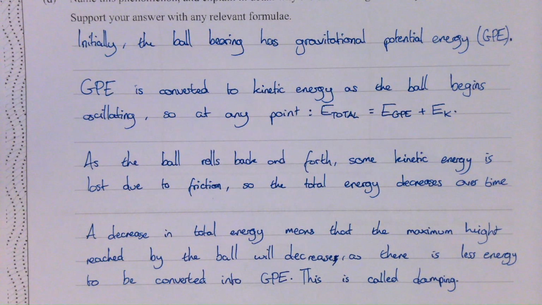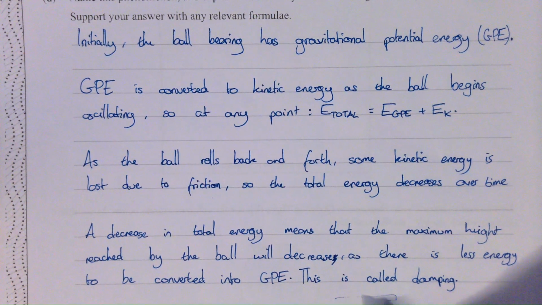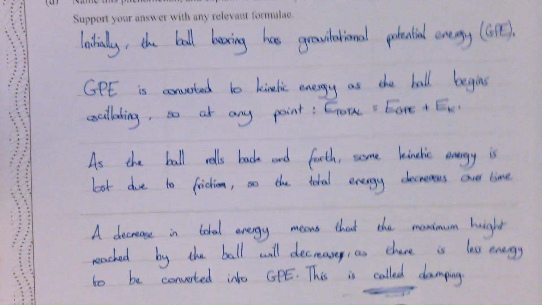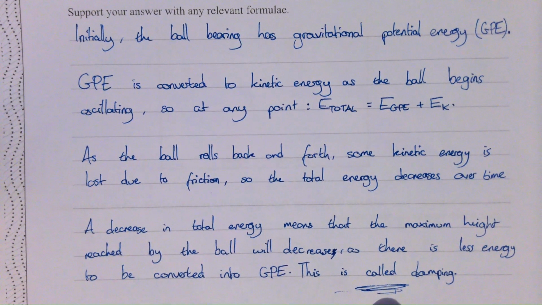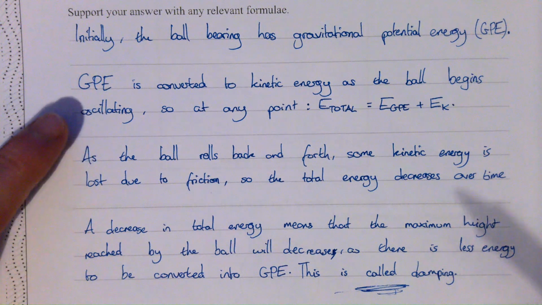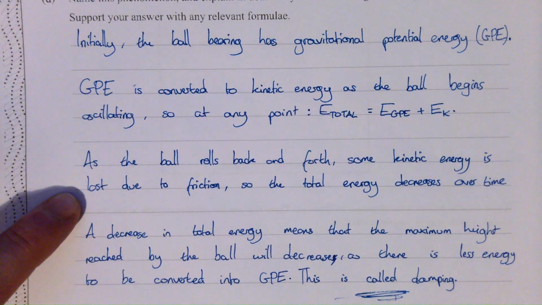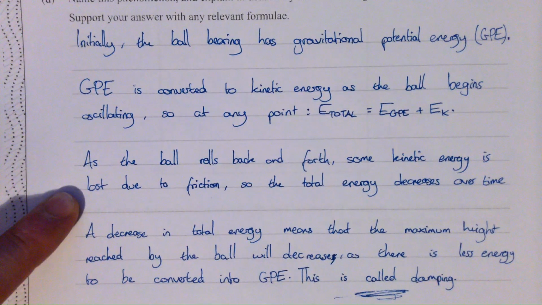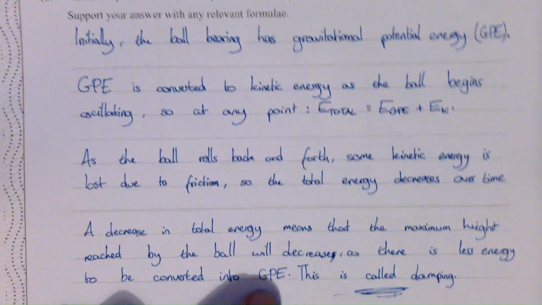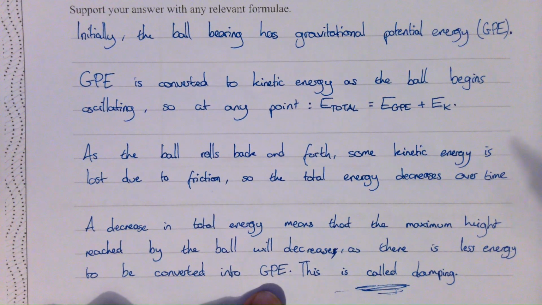In order to get merit, you have to make this statement here. This is called damping. In addition to naming this process, or this phenomenon, you have to state that either we are losing kinetic energy due to friction, or the fact that we have less total energy will cause less gravitational potential energy.